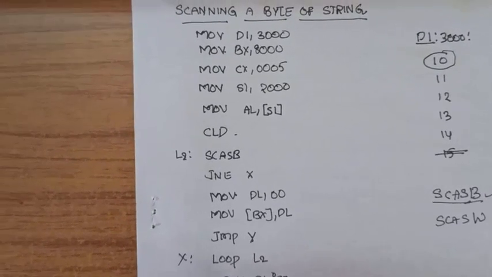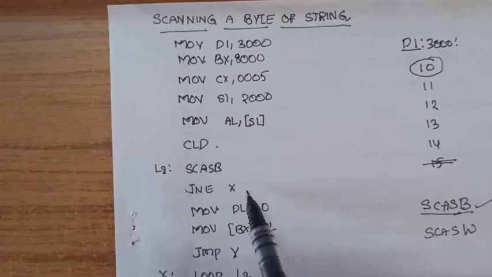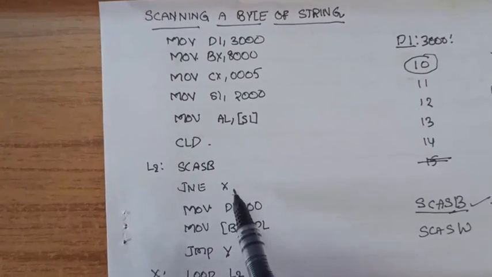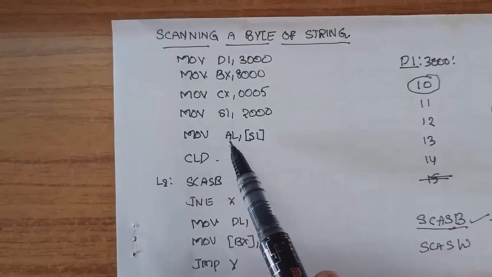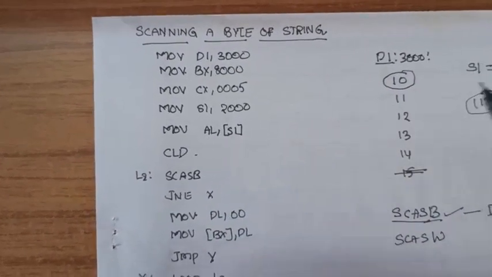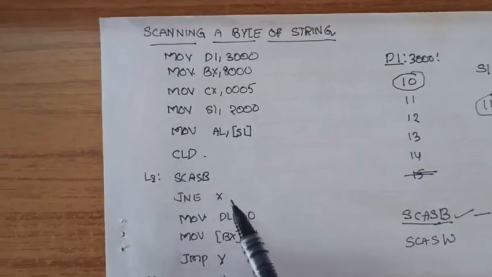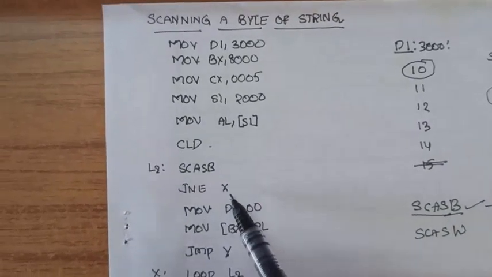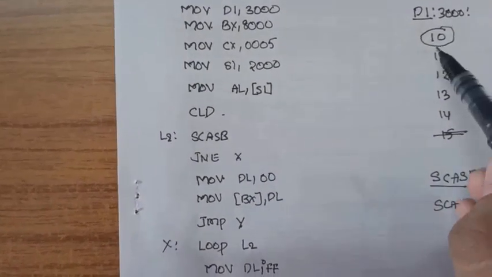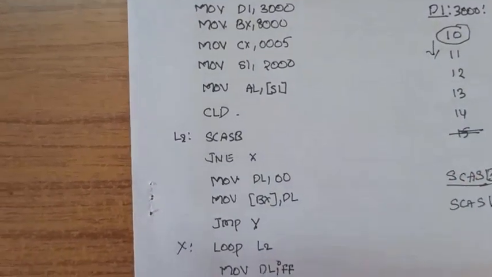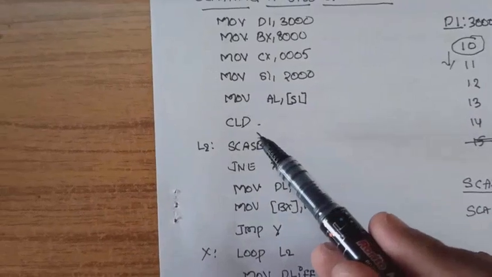After scanning the data, we check for a condition. If not equal, meaning the scanned data and the AL data, which is loaded with 12, are not equal, then it has to jump to loop 1. After scanning, the address of DI gets incremented since CLD is given.